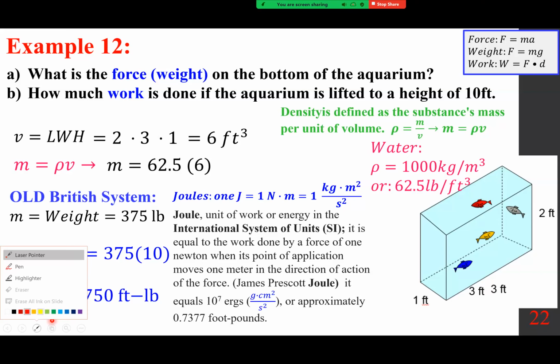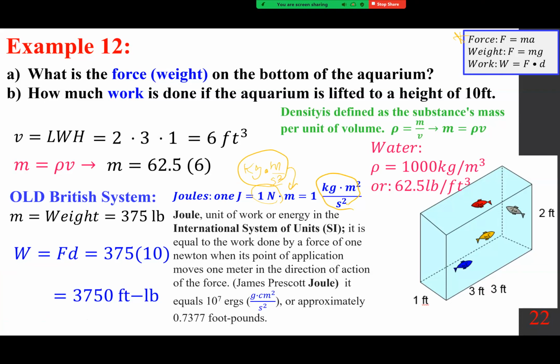So if I were to write this for you, this is M, the mass in kilograms, times A, acceleration, meters per square second. So if you multiply this one by this one, you get these units.